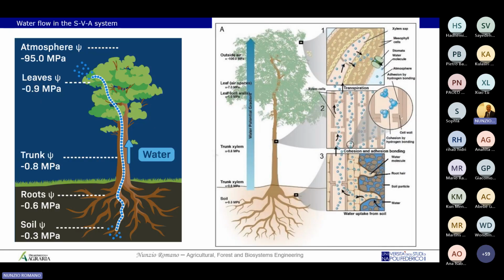And now I close this first part of the seminar, just showing you the importance to consider the difference in total water potential to understand how water flows in the soil, vegetation, atmosphere system. This is a very common picture that you can see in the textbooks of plant physiology.